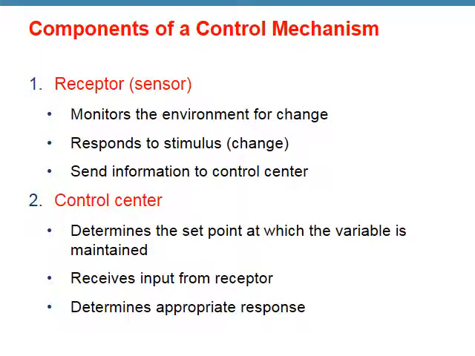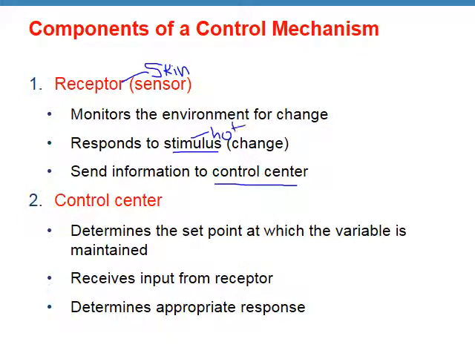There are components of a control mechanism when we're talking about homeostasis. The first one is a receptor, then we have a control center, and then we're going to see the word effector, number 3, in just a moment. So what does the receptor do? The receptor is going to respond to some sort of stimulus and send information to the control center. Let's say you're hot. You might have a receptor in your skin, and the receptor in your skin is triggered by the fact that it's hot.